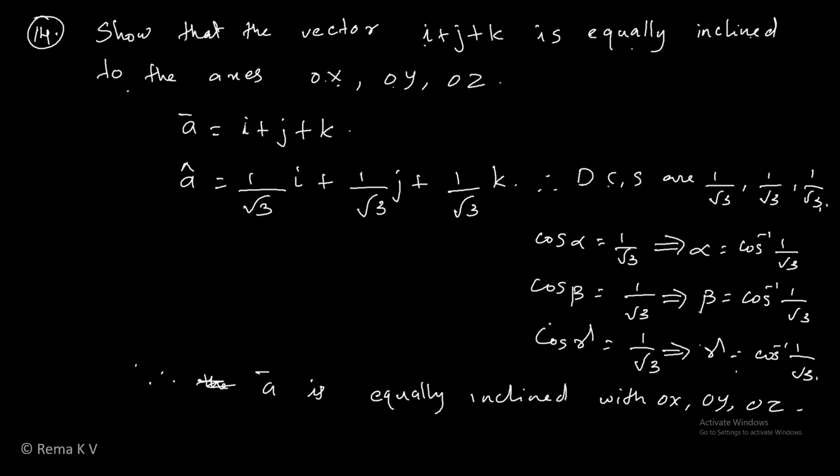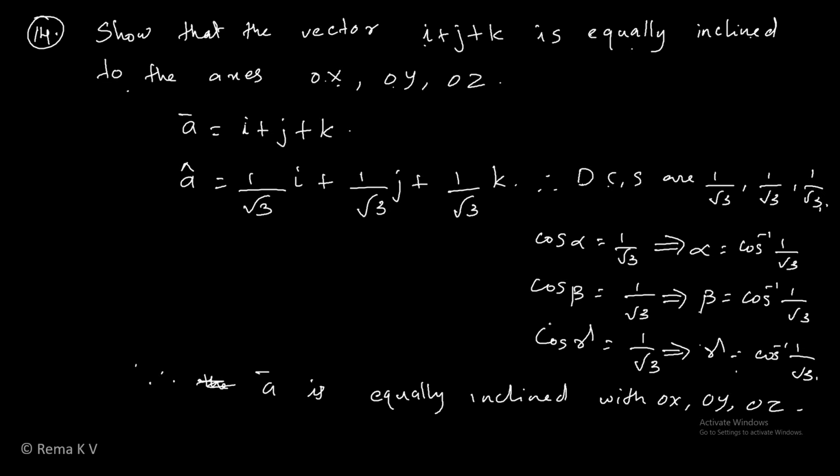The next question given in your textbook is to find the position vector of a point R which divides the line segment joining two points P and Q whose position vectors are given. You have to take the position vector of P as a and Q as b. Then the position vector of R is given by (mb plus na) by (m plus n).